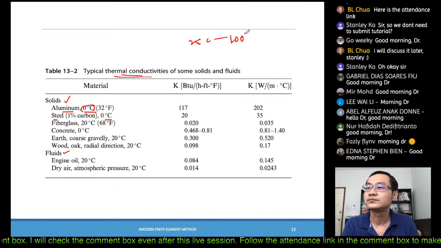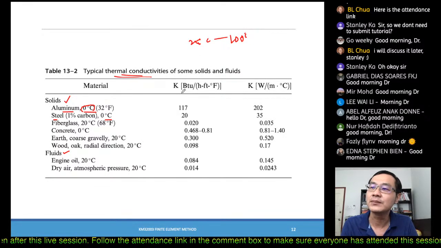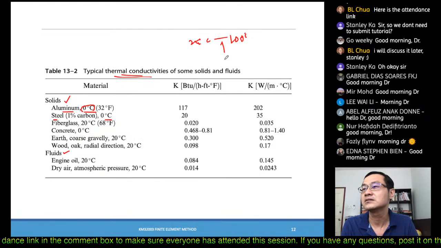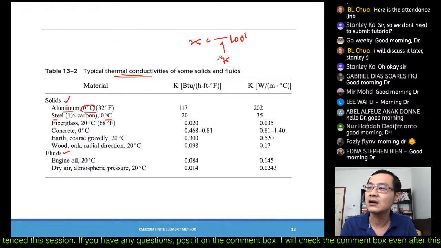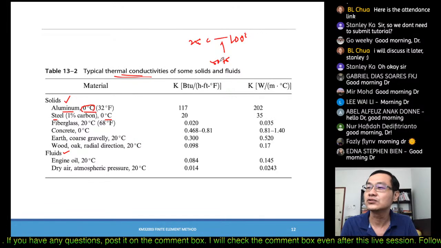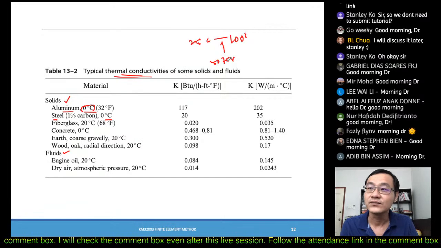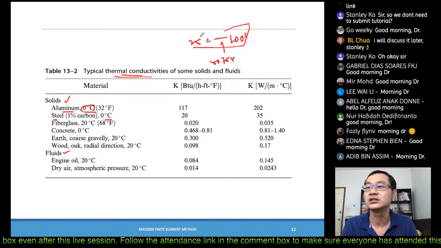You just find any reference that gives you a thermal conductivity in the range, maybe here the middle is 75. If you can get around 50 to 75 or 80 degrees Celsius, that would be good. Just assume it is constant throughout the change of temperature.